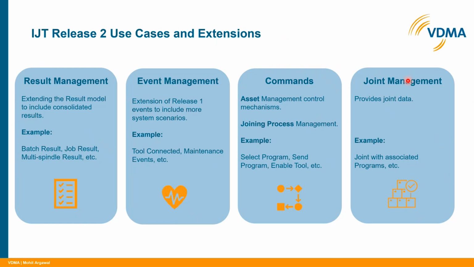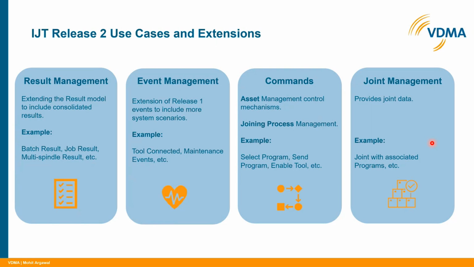The last use case which we are seeing is a futuristic use case called joint management. In a traditional approach, users select a specific program, where if there are 10 different programs in a tightening controller, the operator or the user needs to know which program is suitable for this specific bolt.